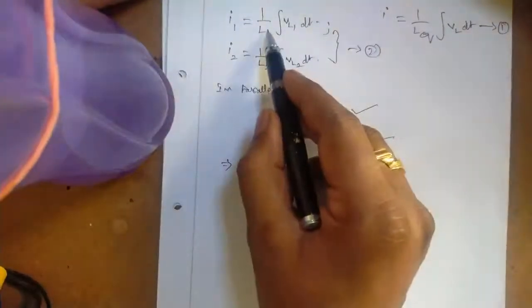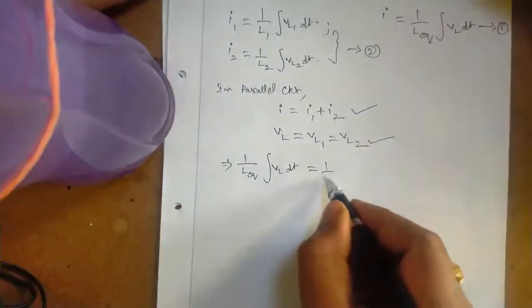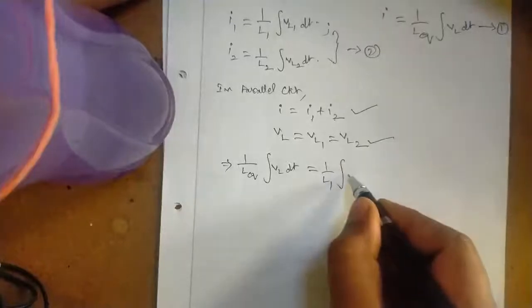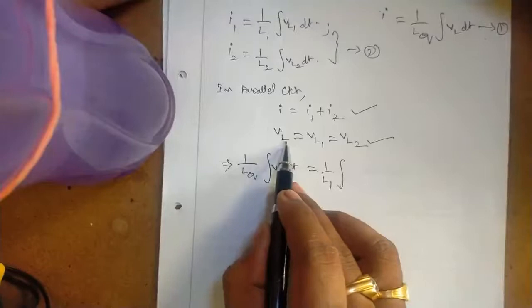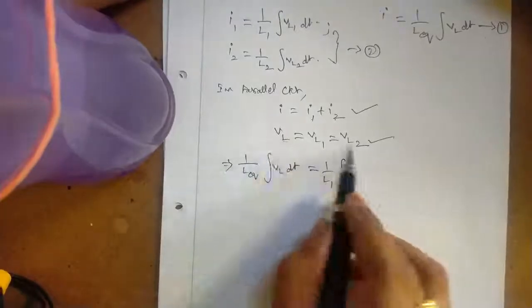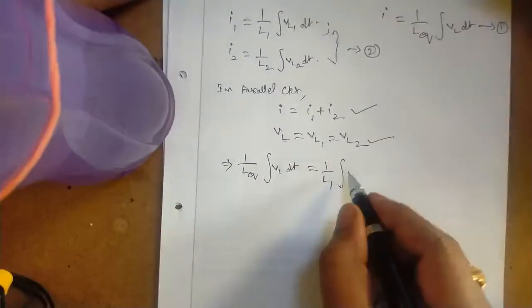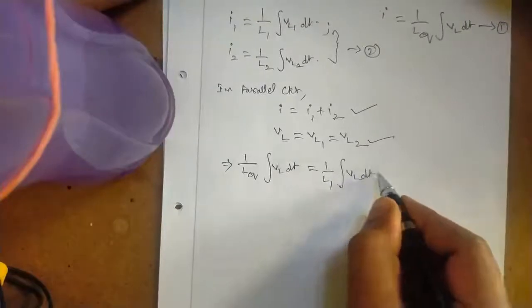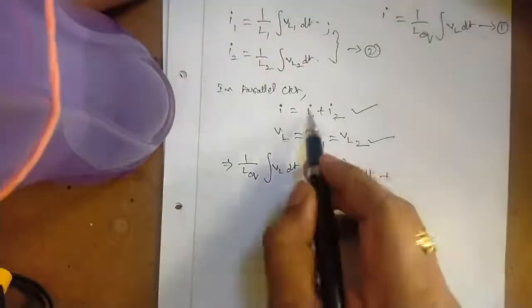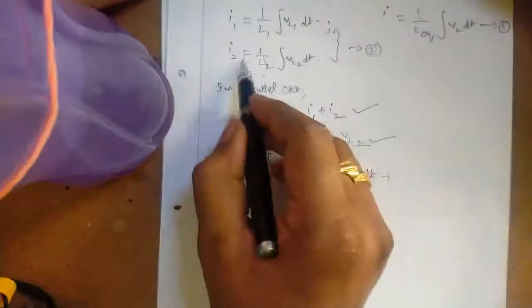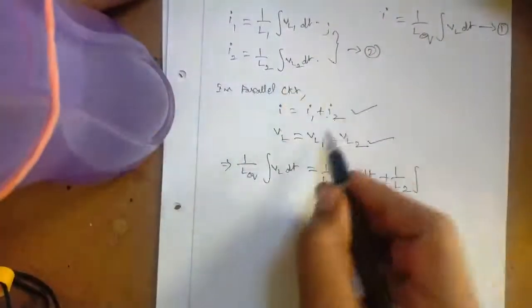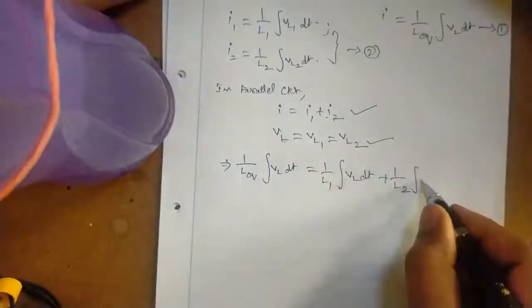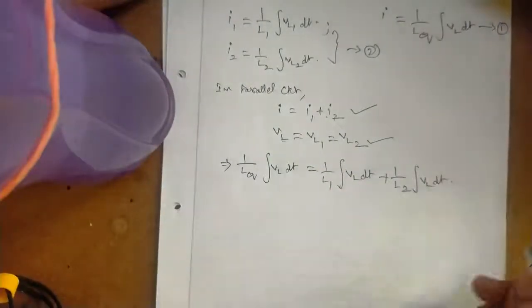In place of I1, we may write 1 by L1 integral VL1 dt, and in place of VL1 you may write VL because in a parallel circuit voltage is the same, plus I2. I2 is 1 by L2 integral VL2, and VL2 is VL, again we write VL dt.